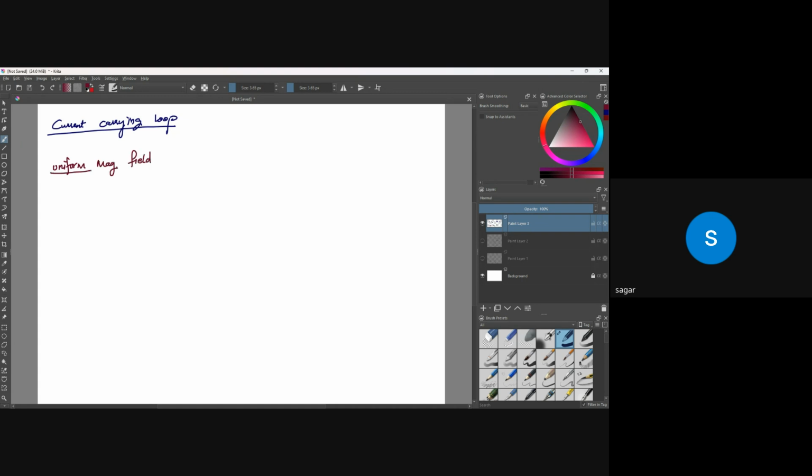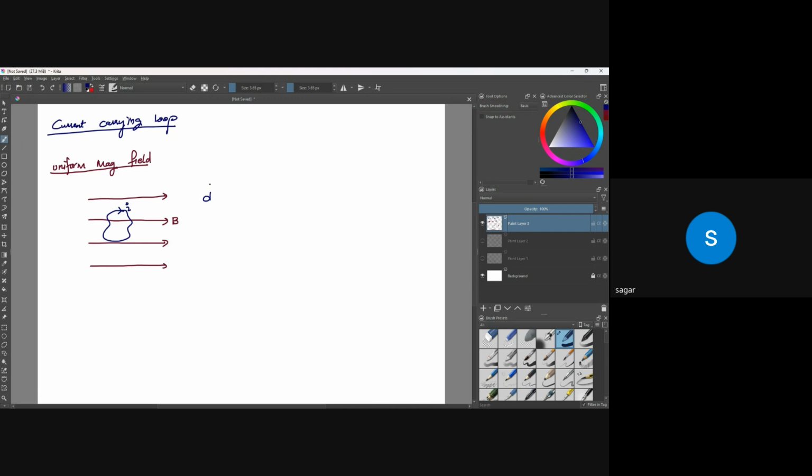Uniform magnetic field means the magnetic field is constant everywhere, constant in magnitude, constant in direction. So if I draw magnetic field lines, they'll be uniformly spaced, parallel lines.